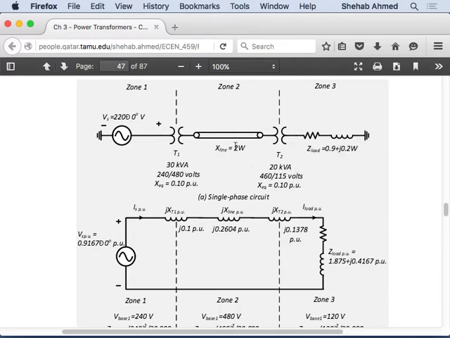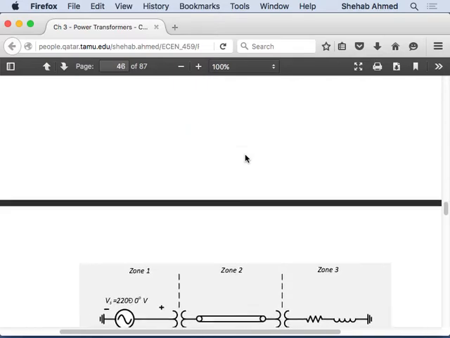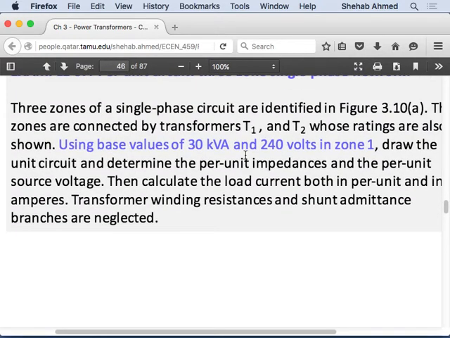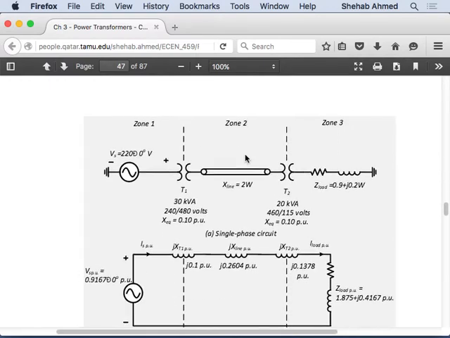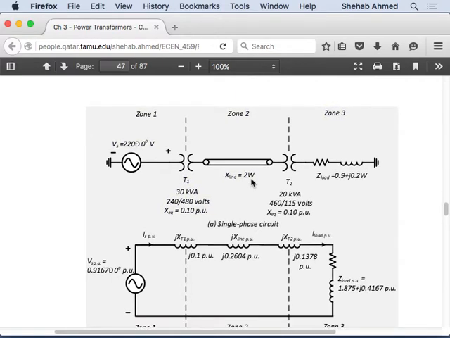And then they gave you a line impedance, 2 ohms, sorry. This is ohms, this is not W. It looks like they messed up the ohm and W, sorry. So this W is ohms.